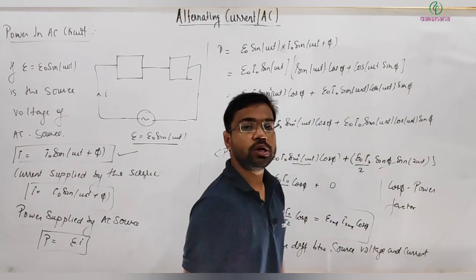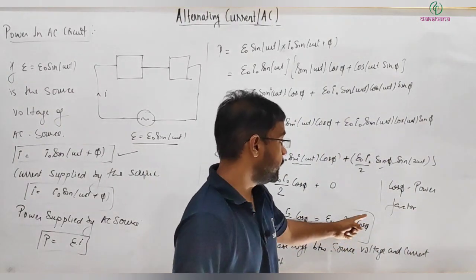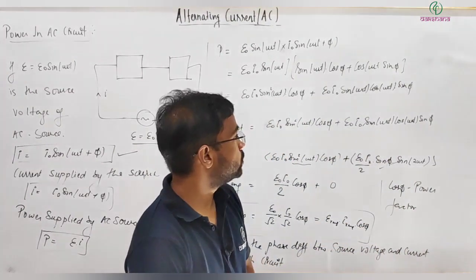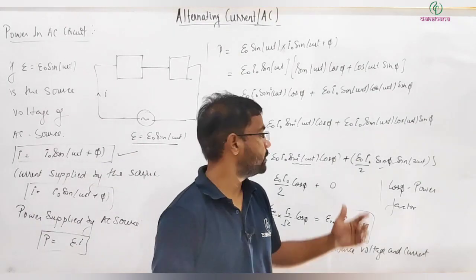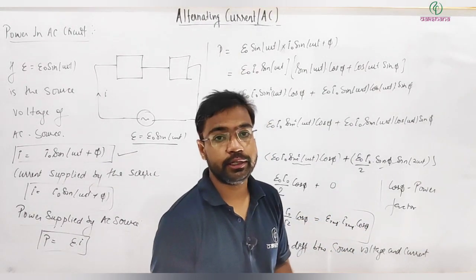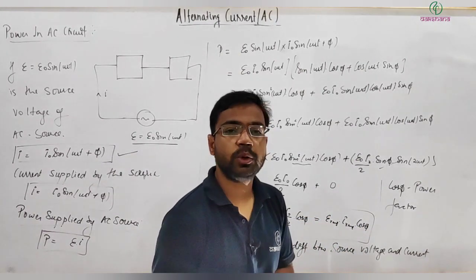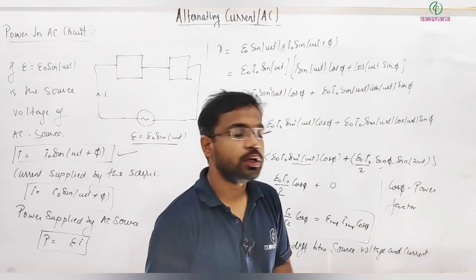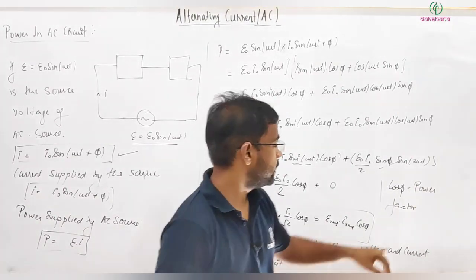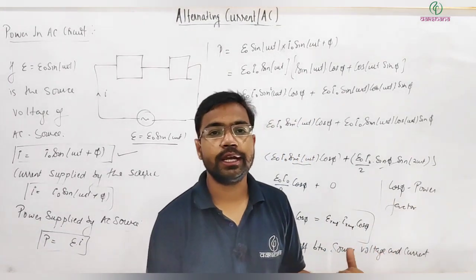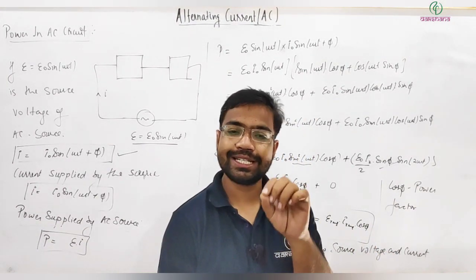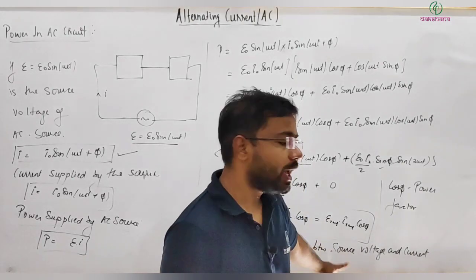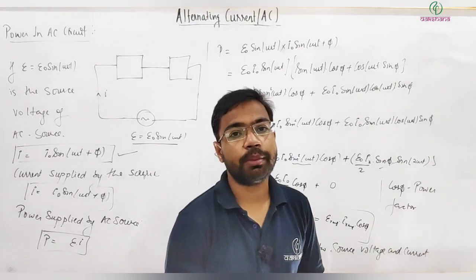It depends on the circuit, right? And how will we get cos phi? I have already told you how to calculate phi depending on the circuit, whether it's purely inductive, capacitive, resistive, or RC, LC, or LR, whatever the case is. In every case, we have already got the relation for calculating phi. So that same phi will be this phi, and then cos phi will be the power factor.